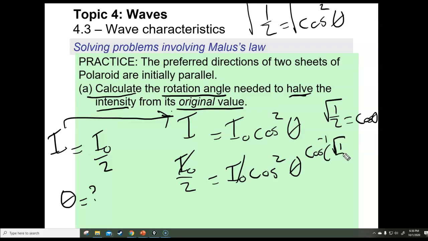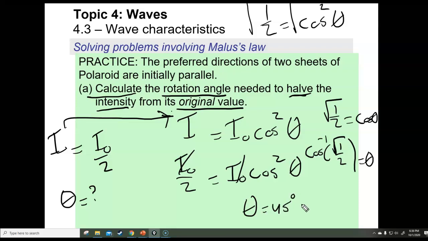So the inverse cosine of the square root of 1/2 is equal to theta. If you put that into your calculator, you will get the answer. Although I will say this is one of those questions that is pretty easy to answer if you just understand the concept of what's going on. So inverse cosine of that, I get theta equals 45 degrees.